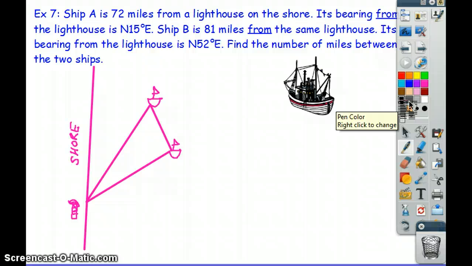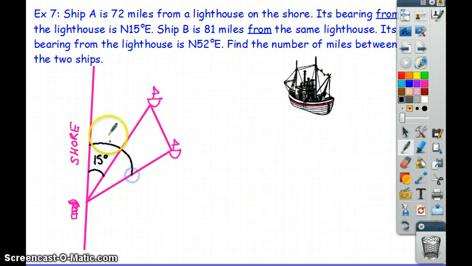I know for ship A, well, the bearing for the one is 15 degrees. Let's just look at it this way. And the bearing to the other is 52 degrees east of north. So from the north line, 52 degrees.